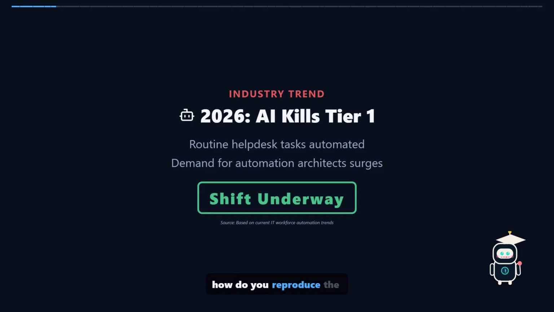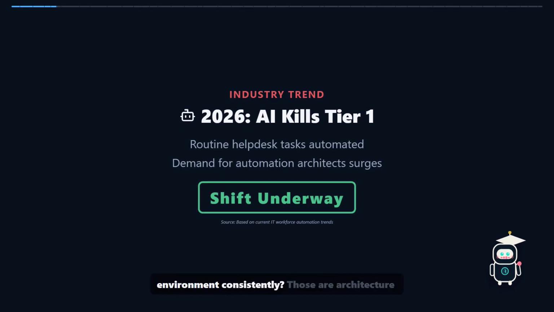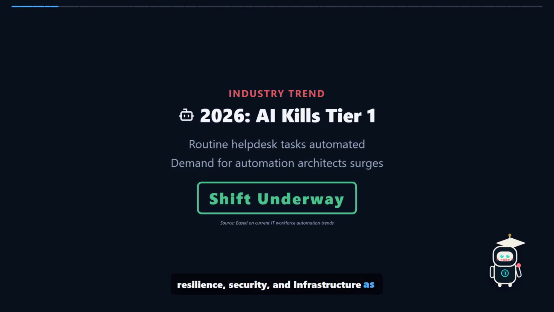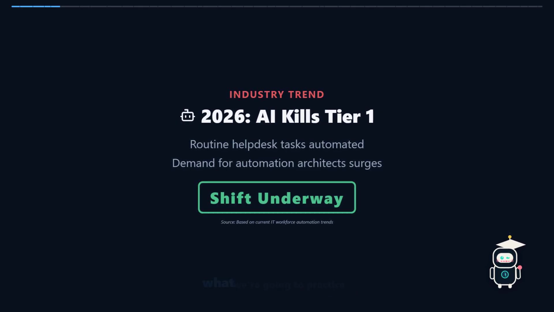And how do you reproduce the environment consistently? Those are architecture questions. Learning global traffic management, resilience, security, and infrastructure as code can help you move beyond troubleshooting individual systems toward designing the systems themselves. That's what we're going to practice in this lesson.